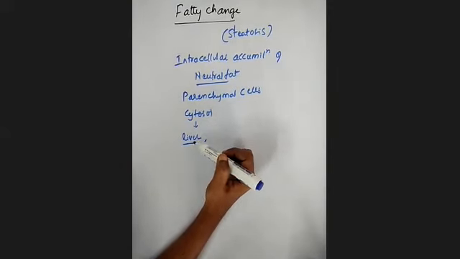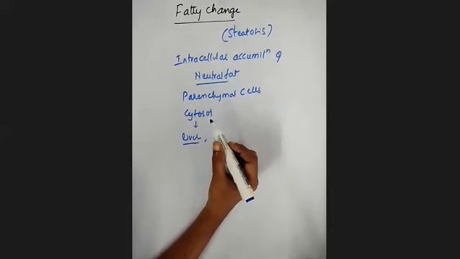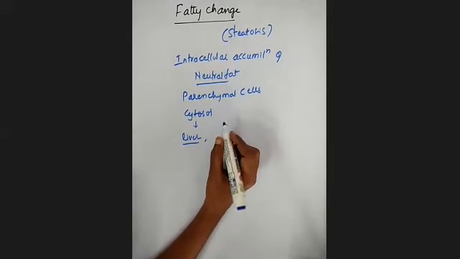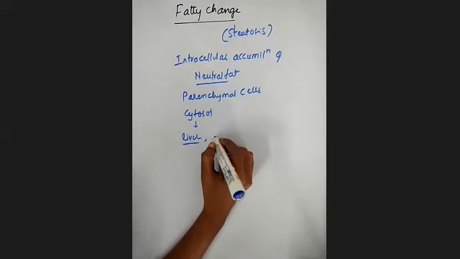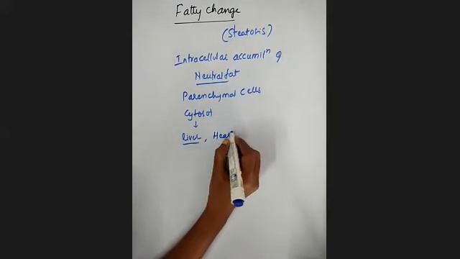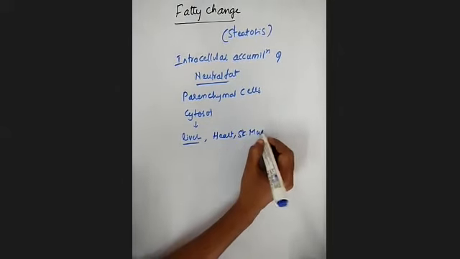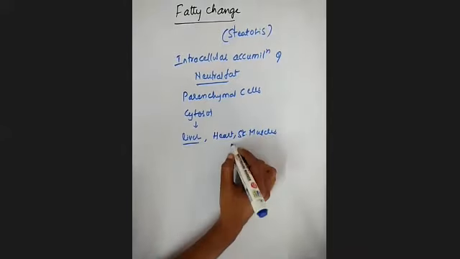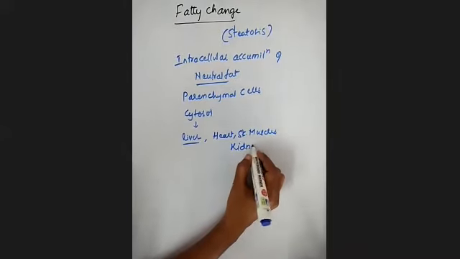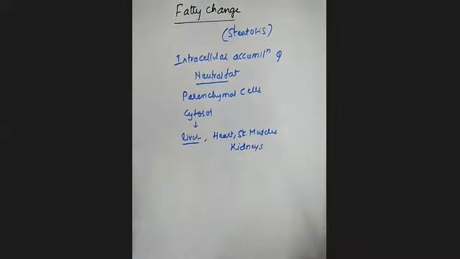Not only that, this neutral fat can also be stored in other non-fatty tissues. Those non-fatty tissues include the heart, skeletal muscles, and the kidneys. Clear?